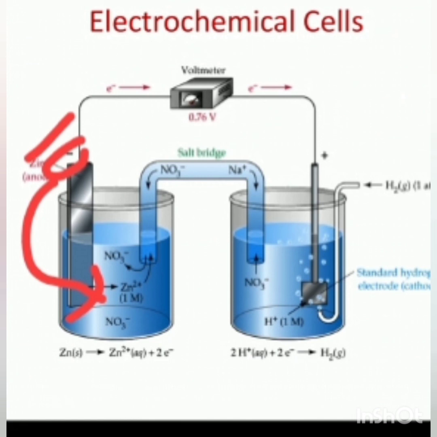Here these two half cells are interconnected with a salt bridge. The salt bridge is a U-shaped tube of potassium nitrate, sodium chloride or potassium chloride and agar-agar powder.